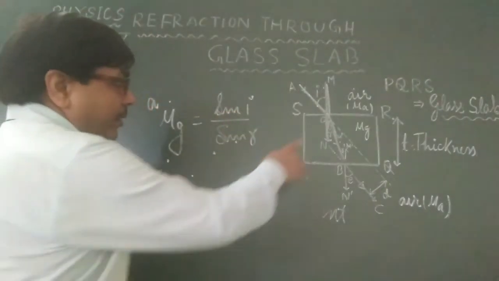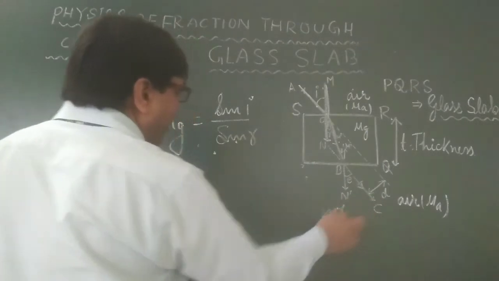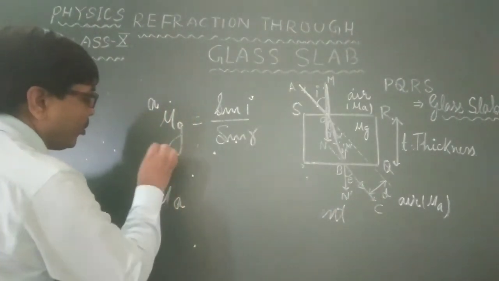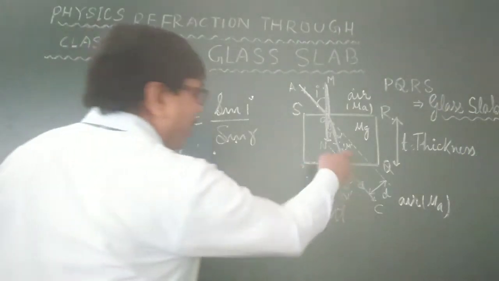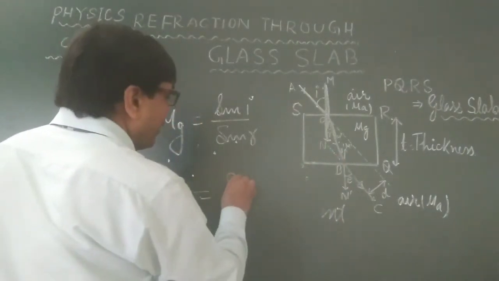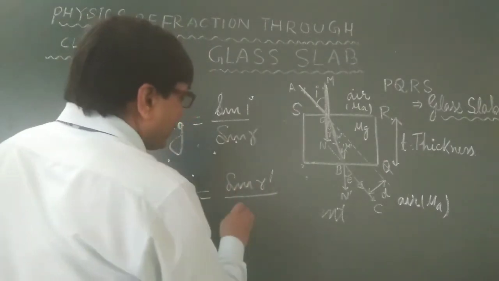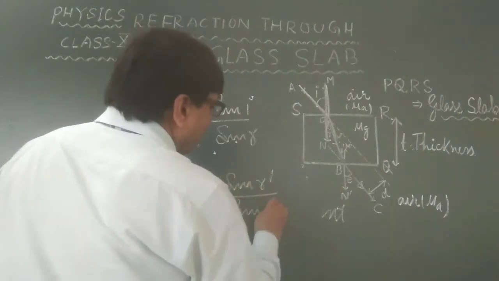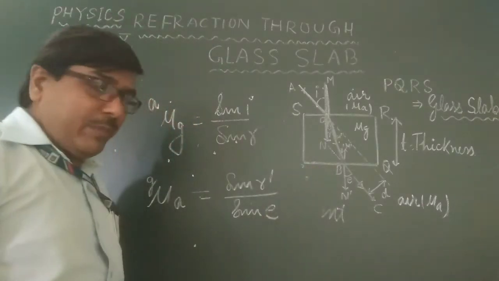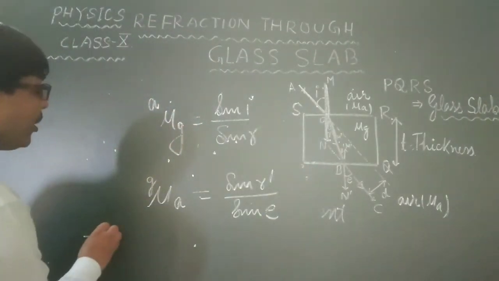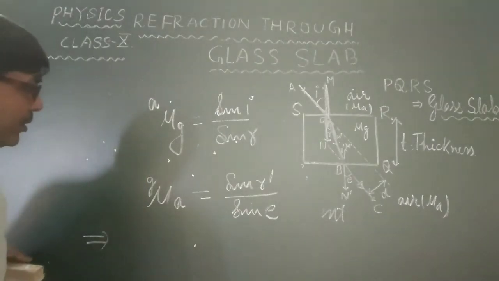Again, for the refractive index of air with respect to glass, we can also find sin r dash by sin e. e is the angle of emergence. Now we can see that here. How can we see that? Just see here now.